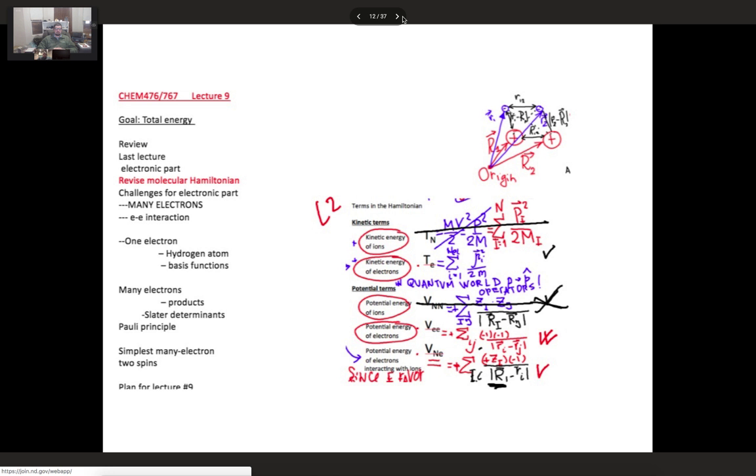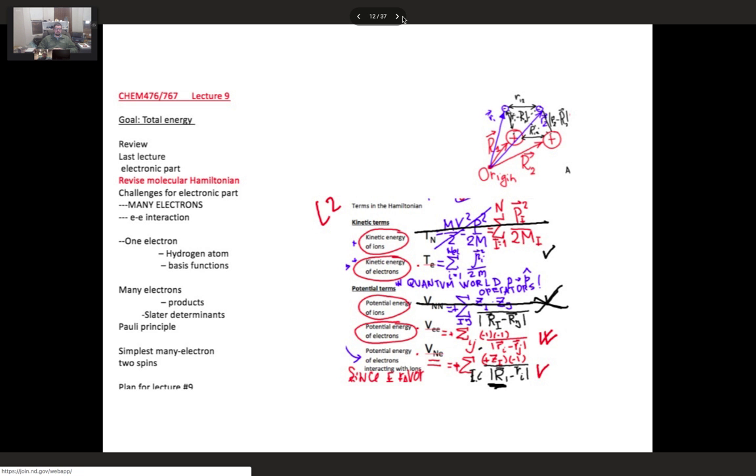So when we were looking for the molecular Hamiltonian, we had 5 terms, and 2 of them deal directly with nuclei.